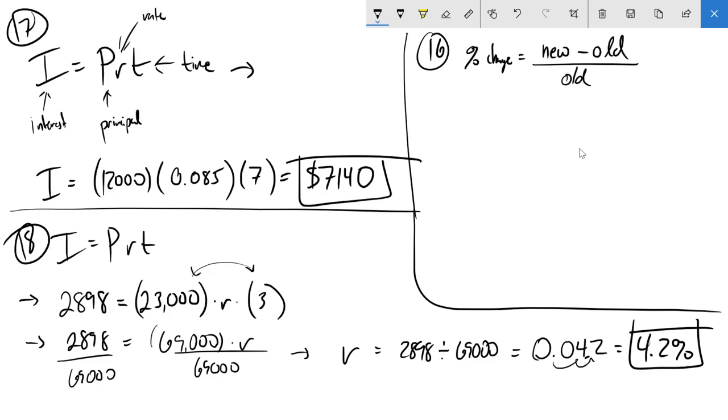So it's always the new minus the old divided by the old. In this case, the new price was $49.99, and it was originally what, 89? Was it 89 or 79.99? $79.99. Okay, but then we're going to divide by the price that it started at. So the percentages are always taken out of the original value.